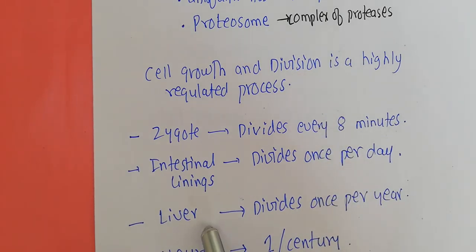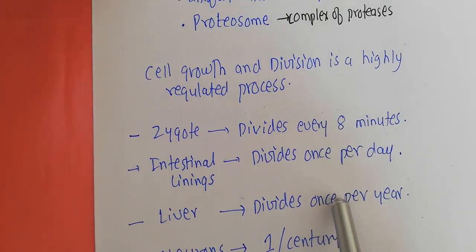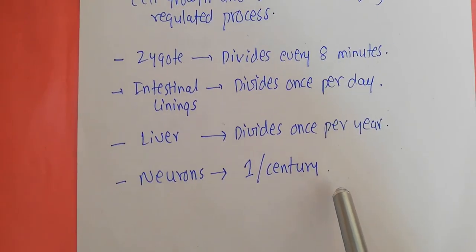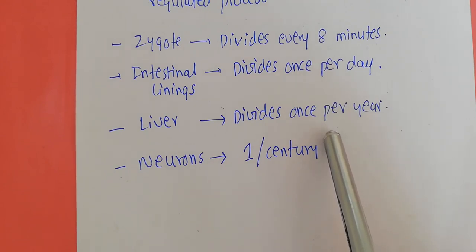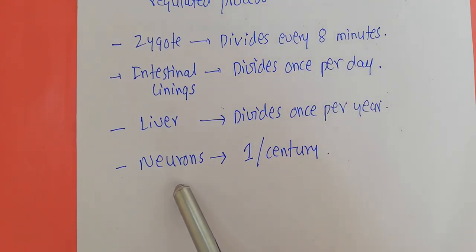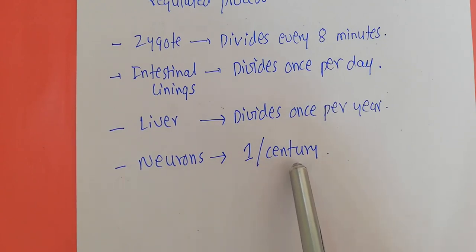If you talk about the liver cells, they divide once per year. That means you have to take a lot of care of your liver, because if they divide once per year and your liver is not working properly, that may create a problem. If you talk about the neurons, scientists say that they divide once per century.